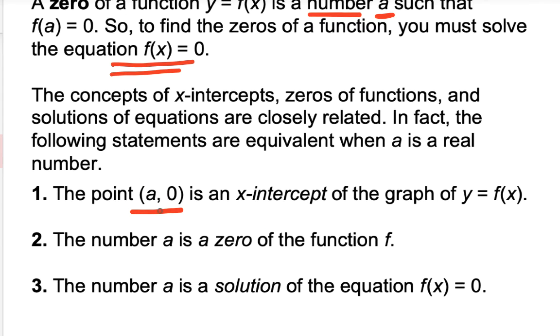The same x-intercept, and only looking at the x-coordinate value, this number a is the zero of the function f. And also we say that the number a is a solution of the equation f(x) equal to 0. So now we are going to learn how to find the zeros of the function.